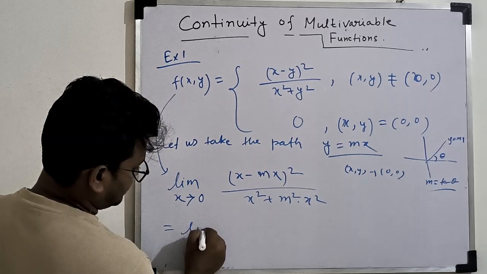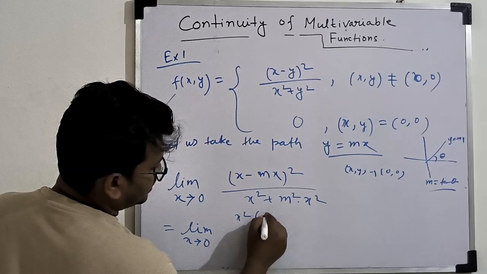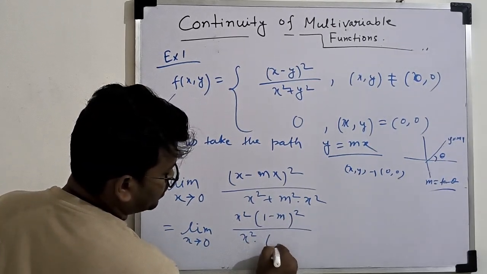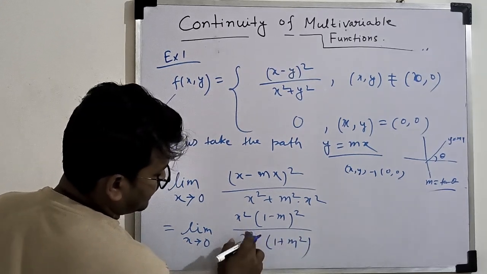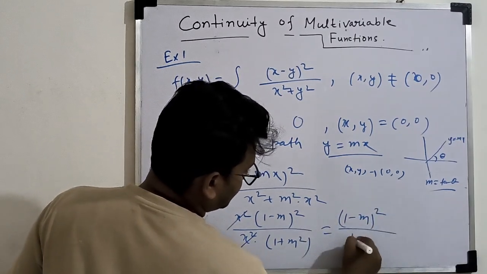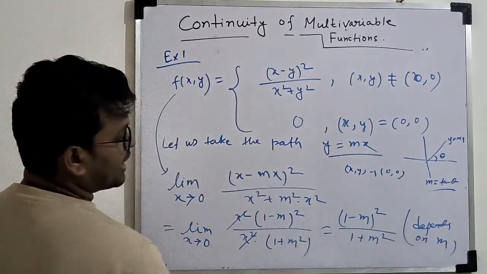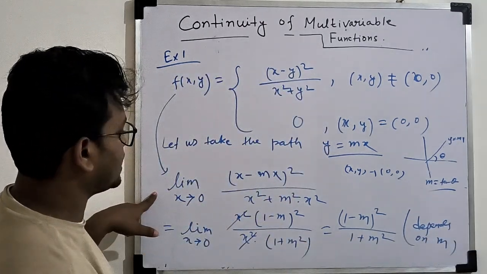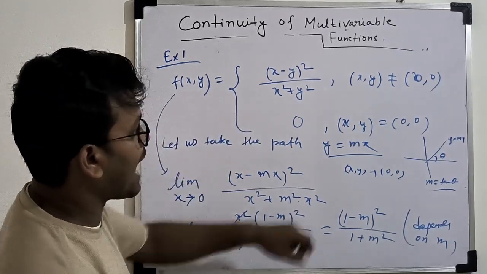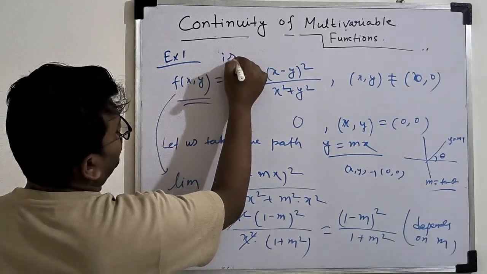So this becomes the limit as x tends to 0 of x square into 1 minus m whole square divided by x square into 1 plus m square. The x square cancels out, then this becomes 1 minus m whole square divided by 1 plus m square. So this depends on m. For different values of m, this limit will be different. So the limit of this function does not exist at 0, 0. From this we can conclude that this function is not continuous.